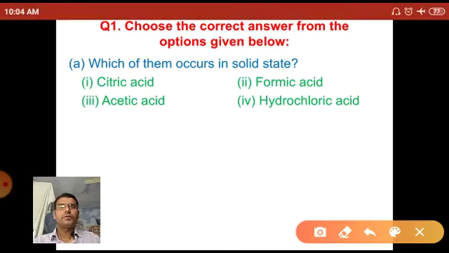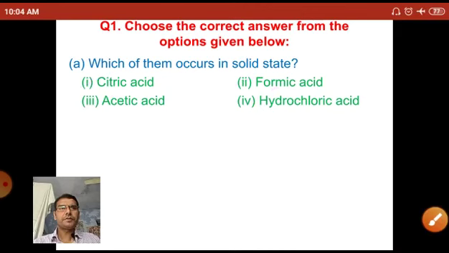You know that formic acid, hydrochloric acid, and acetic acid, these all 3 acids occur in the liquid state. Only citric acid occurs in the solid state in nature. So the right answer is citric acid.